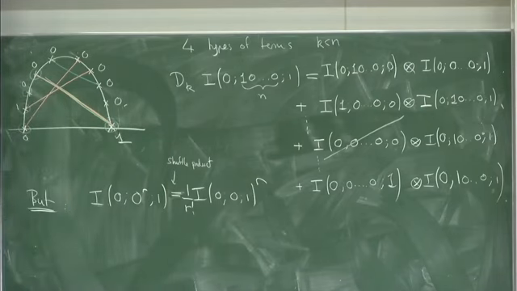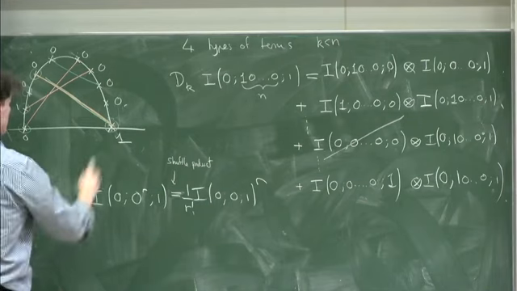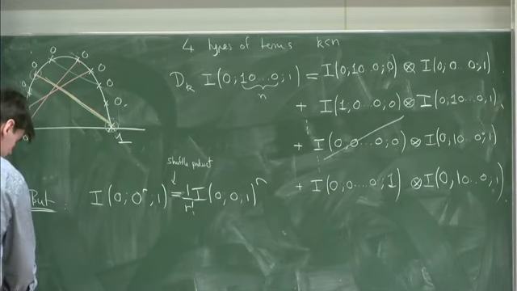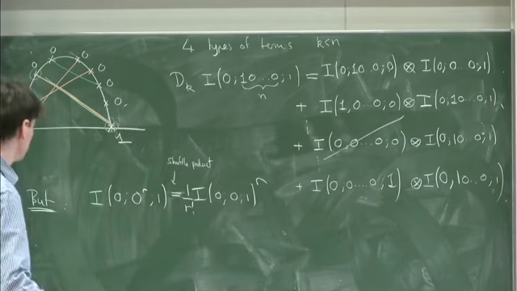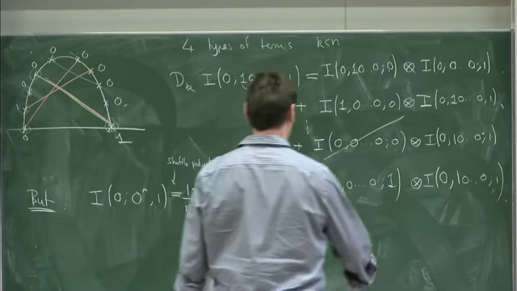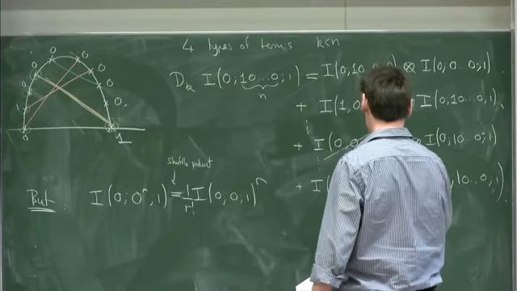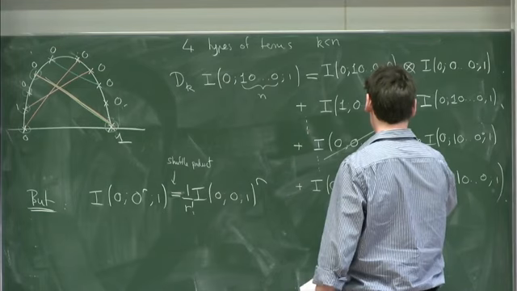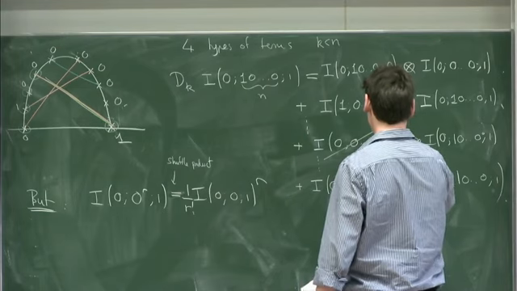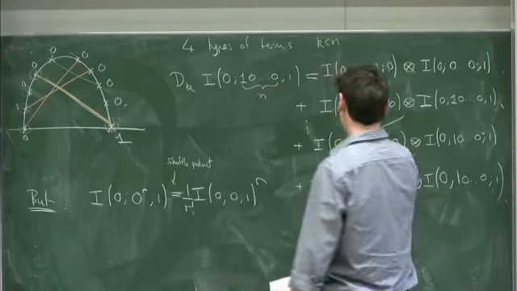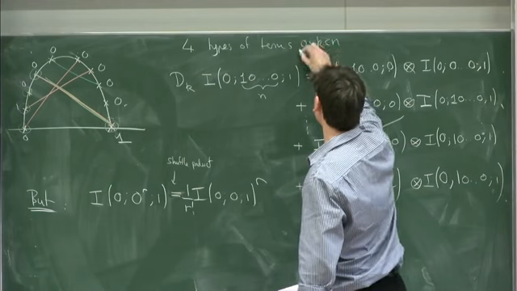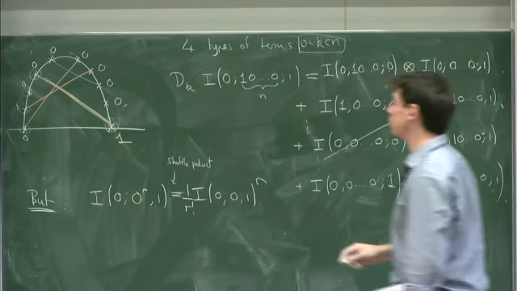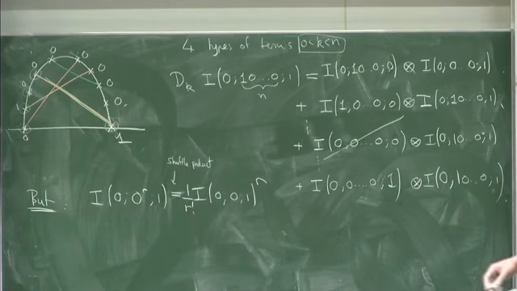Yeah, but it's a different one from this one. The third line, yes, 00. K is bigger than 0.